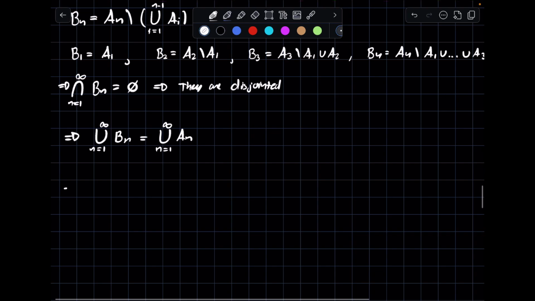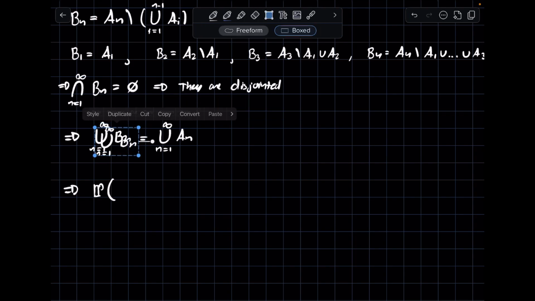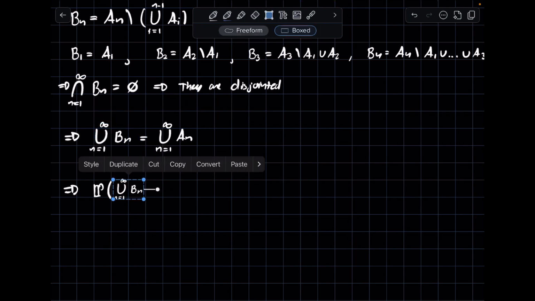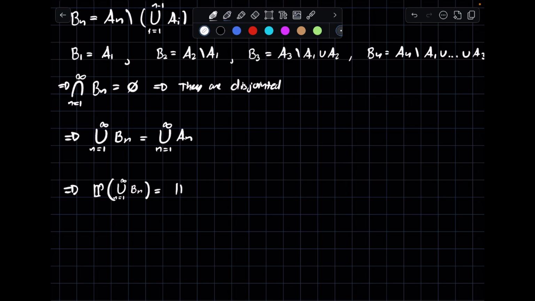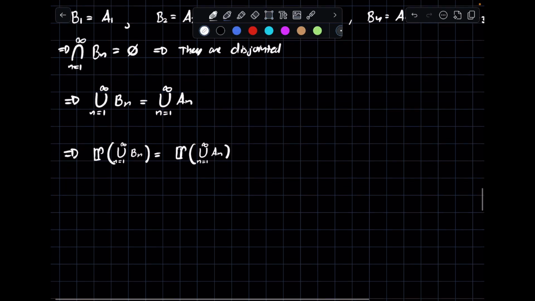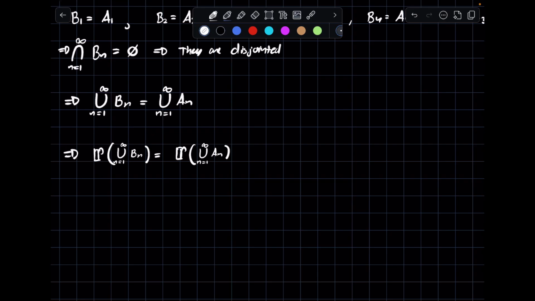So if we take the probability on both sides, it's going to be the same thing, right? So let's just take this and duplicate it, make it a bit smaller. And this guy as well. There we go. That's going to be the same, so to speak.